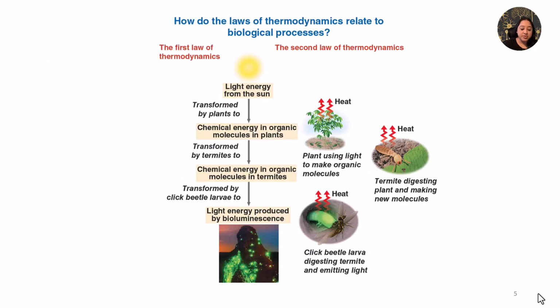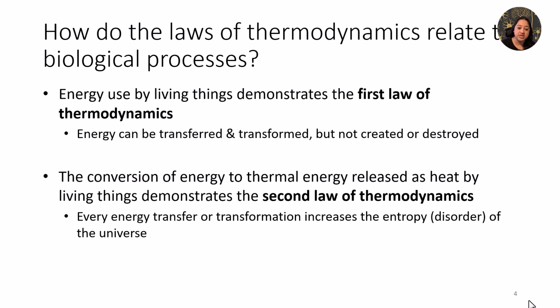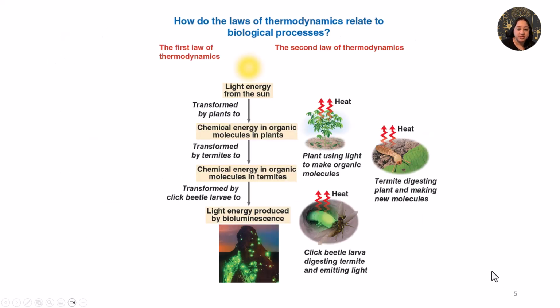So here's an example from the textbook. The first law of thermodynamics is outlined on the left, and then the second law on the right. Remember that the first law says energy can be transferred and transformed, but not created or destroyed. Just focusing on the first law, the light energy that comes from the sun gets transformed by plants into chemical energy in the organic molecules in plants. That happens through photosynthesis, which we'll talk about in a future lecture.